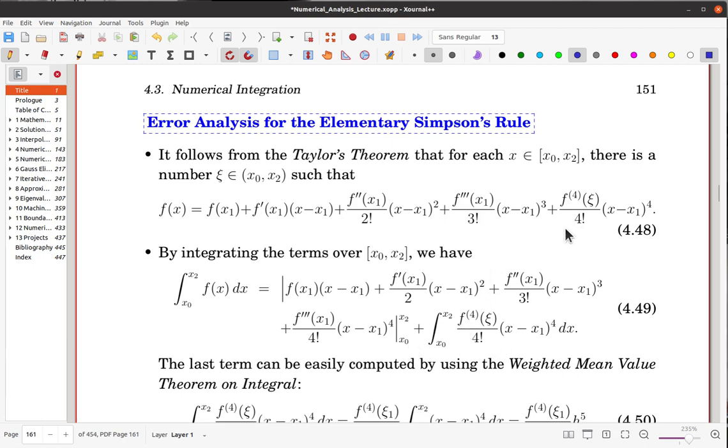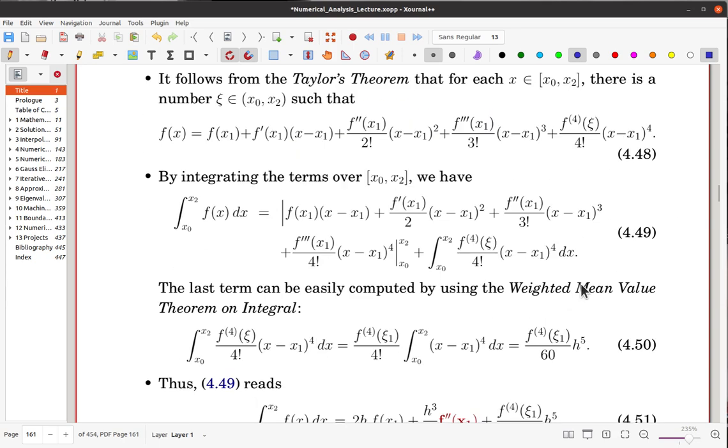Now the integral of the error term, the last term, also should be computed, but it can be easily computed by using the weighted mean value theorem for integrals. This portion is non-negative, so it's not changing sign, so the average value of this portion can go out, as in this term. And here, this portion can be computed easily, and this is the final result for the integral.